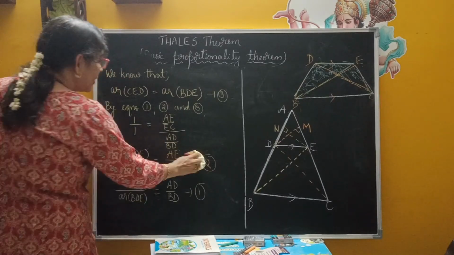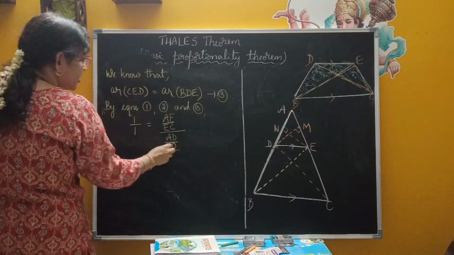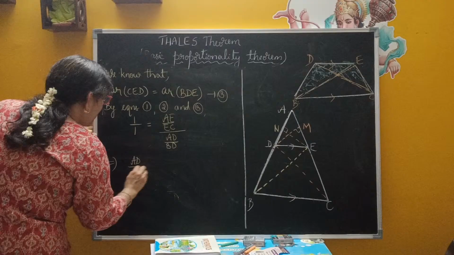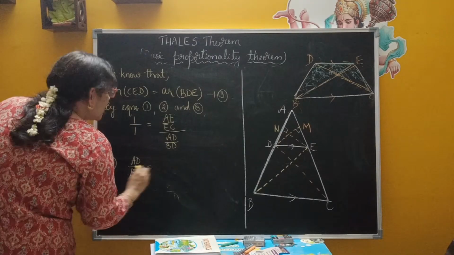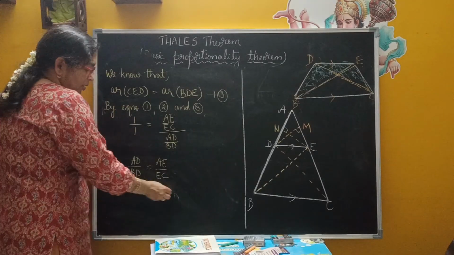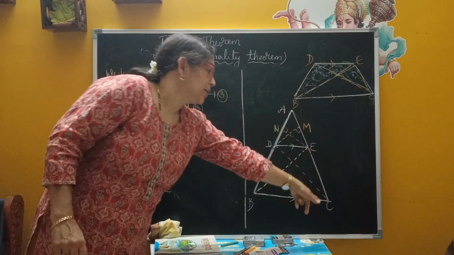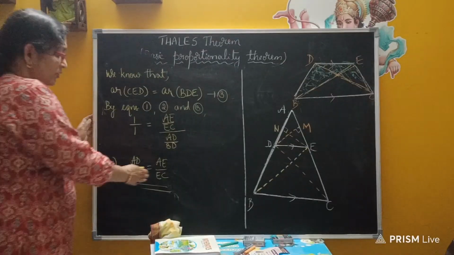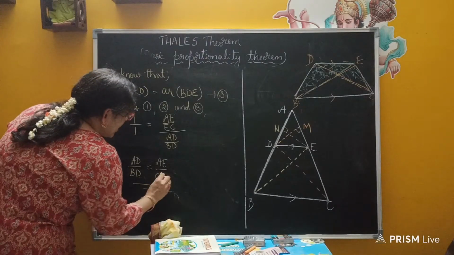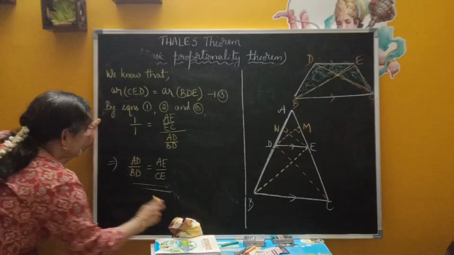If you transpose, that is cross multiplication, this implies AD by BD is equal to AE by EC. AD by BD and AE by EC, or CE, AC, both are same. So this theorem has been proved. Hence proved.